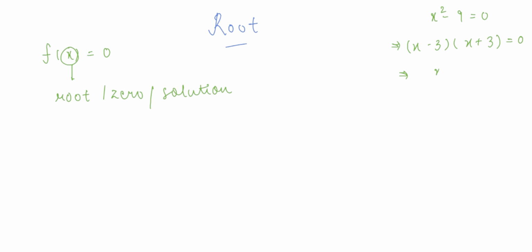Then we get the roots as x equals 3 and x equals minus 3. When an equation is written in the standard form f(x) equals 0, we get the root, zero, solution. These all three terms refer to the same values of x.